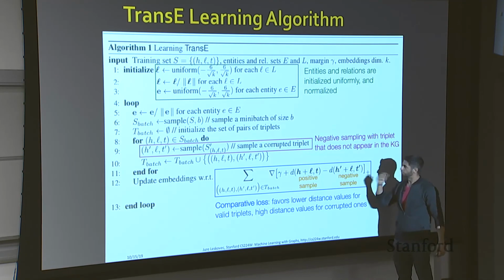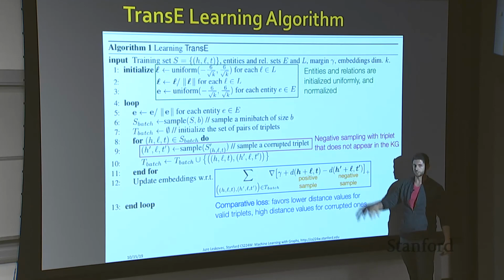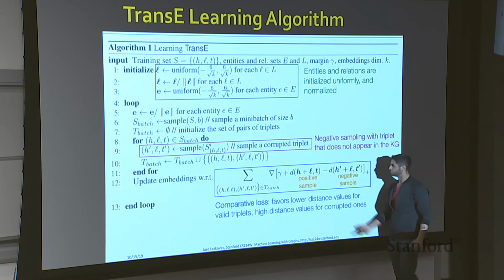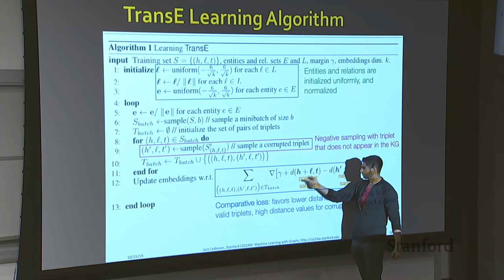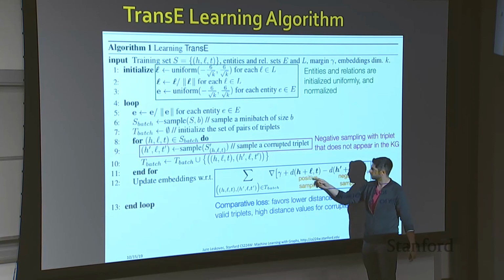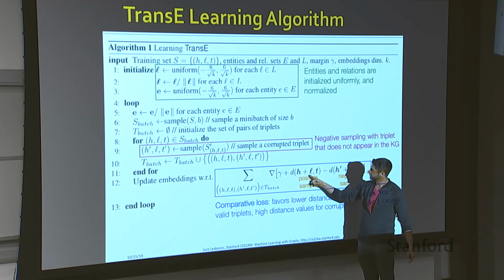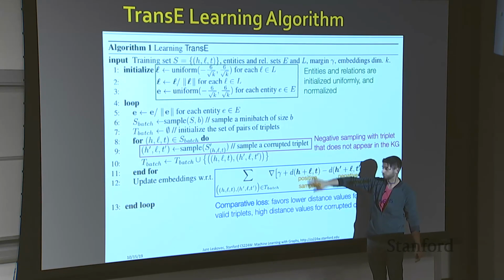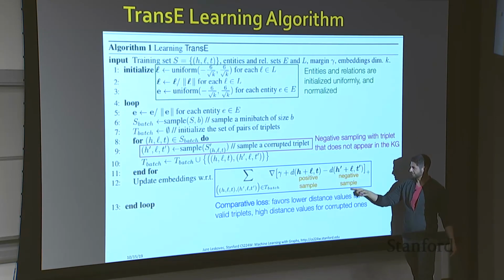And the way in which we're going to be updating our embedding, similar to the optimization function we have seen before, for example node2vec, is that we give weight to a positive sample. So we want to make sure that the distance between our head entity translated through our relation to T is as small as possible, because this is a valid triplet. And then we're going to be using our corrupted triplet as a negative sample.